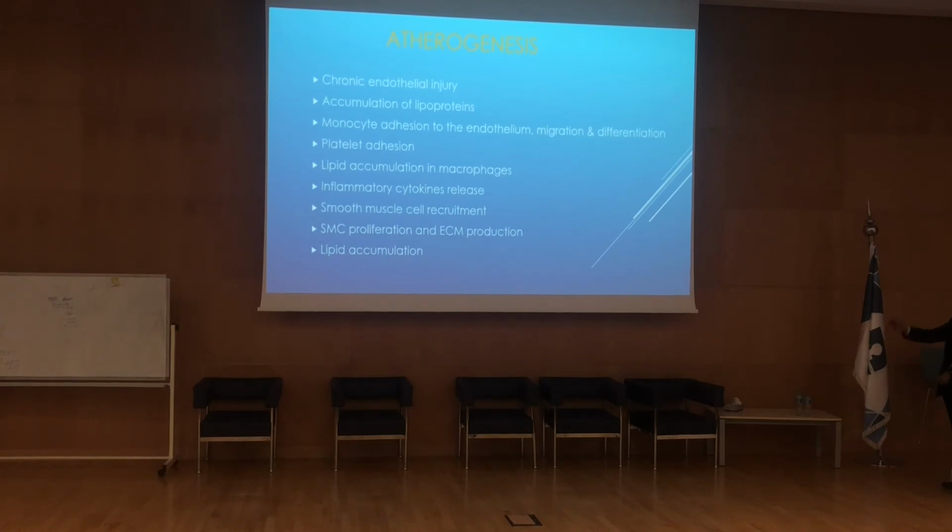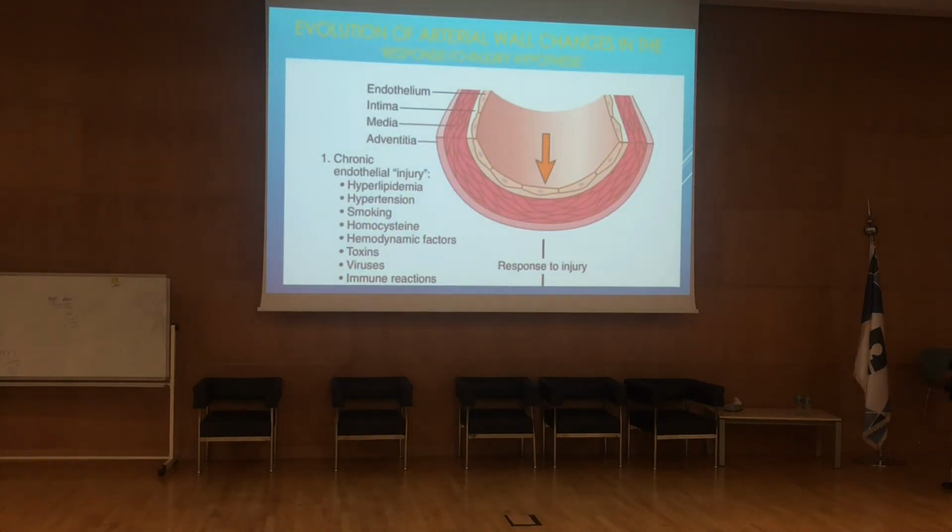Smooth muscle cell recruitment from the lumen as a precursor smooth muscle, or from the media, but that will be the changed one. Smooth muscle proliferation and extracellular matrix production. Now this smooth muscle, activated by macrophages and the growth factors, starts proliferating in the intima, and then there is lipid accumulation there. So this is how things are going on. You have to have a chronic endothelial injury first, number one. Without that, nothing will happen.